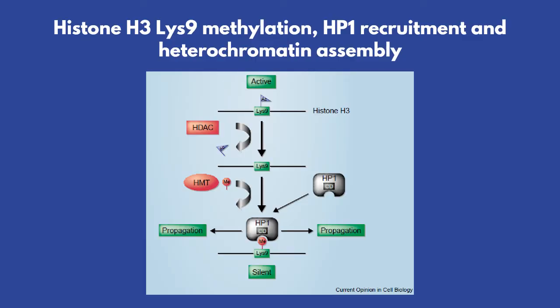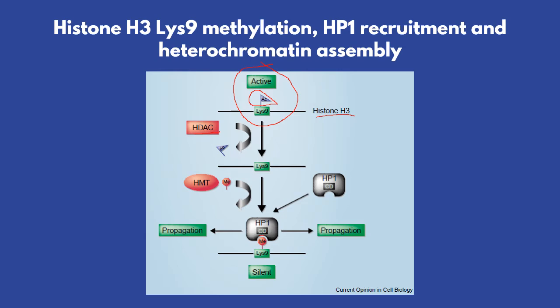This diagram shows how methylation and acetylation affect the availability of the gene for transcription. Here, the lysine residue number 9 in histone 3 is active for transcription, or is available for transcription. However, when the acetyl group here is removed by enzymes like histone deacetylases or the HDACs, the lysine residue number 9 is now available to interact with a methyl group.